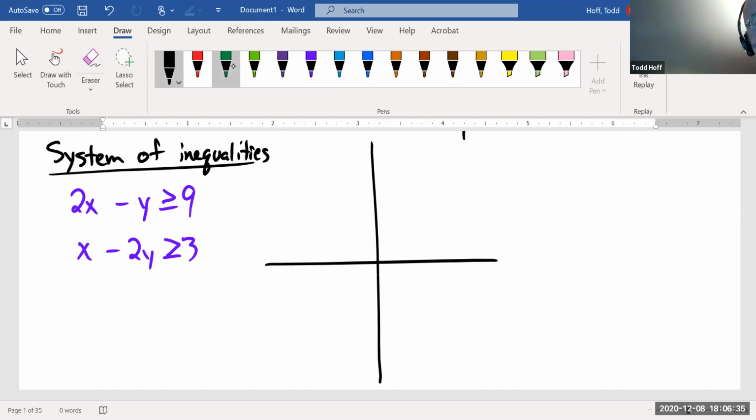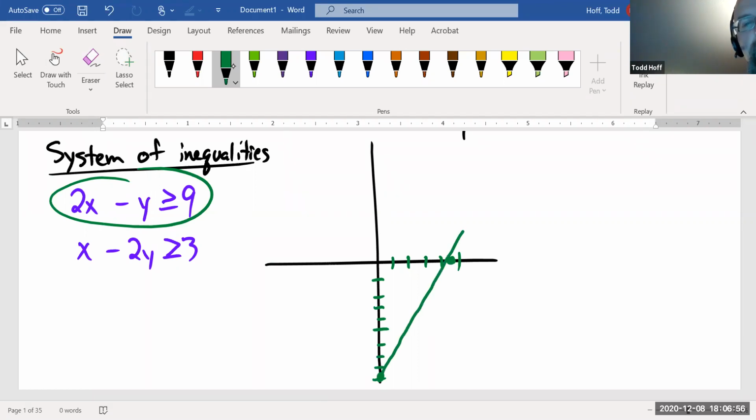For the top equation, 9 divided by 2 would be 4.5, so that's right here. 9 divided by -1 would be -9, so that's right here. It's greater than or equal to, so it's going to be a solid line. It looks like that. If I choose the test point 0, 0, 2 times 0 minus 0 is not greater than or equal to 9. So that test point is not true.